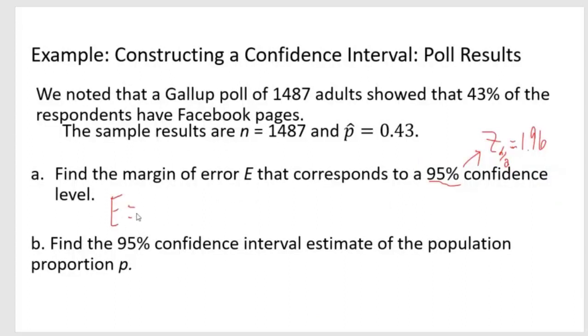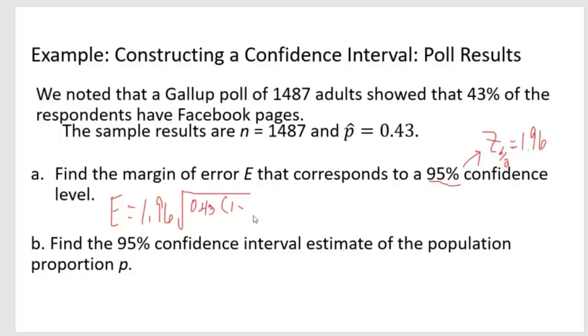So my error is equal to 1.96 times the square root of p hat. That is, we looked at that one earlier, that's the 0.43. And then q hat is 1 minus that, and you can put that directly into a calculator if you don't want to do the subtraction and take a chance on subtracting wrong.